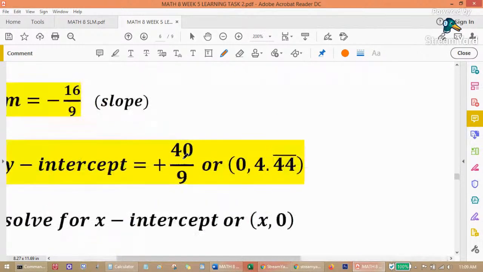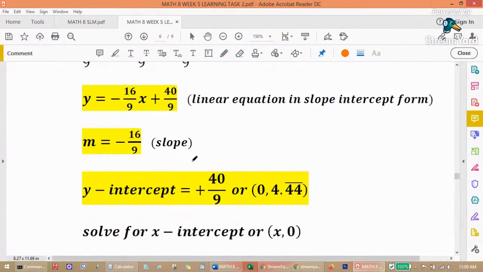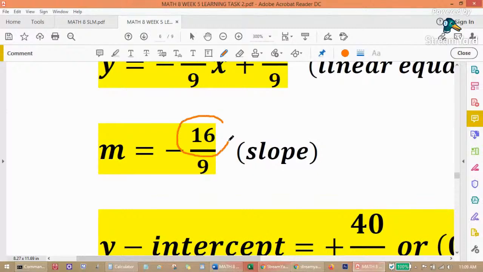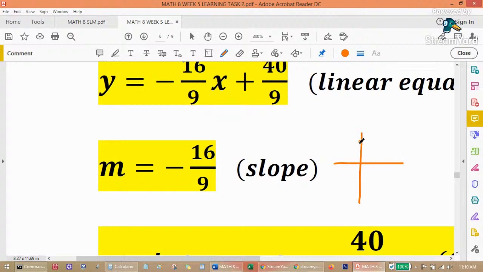So since ang slope natin is 16 over 9, parang masyadong malaki tong 16 na to. So kung magbibilang tayo, kung nakuha na natin ang y-intercept natin, magbibilang tayo ng 16.